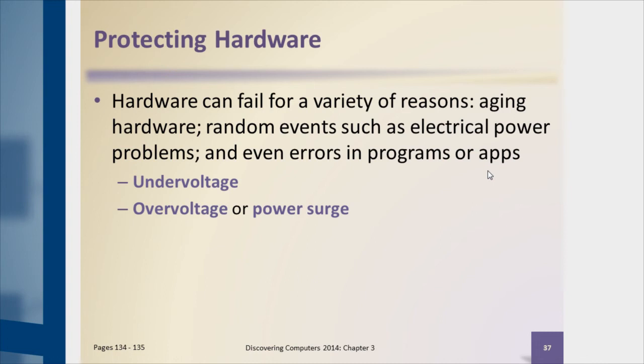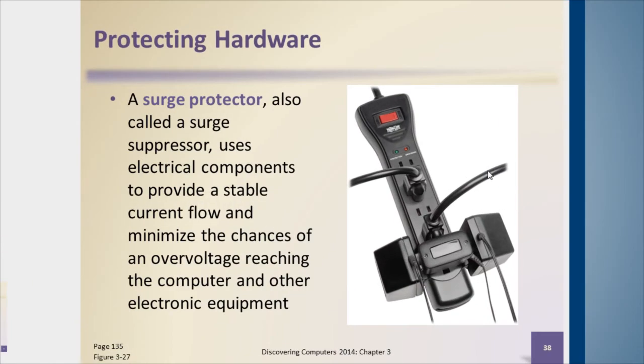On the flip side is the condition of over voltage or a power surge. If we have a lightning strike or something that causes an over voltage situation, we can get a spike that comes in the line, and again cause problems to our computer. There's a couple of different ways to handle each one of these issues. If we have a surge that comes in, one of the things we can do to help protect ourselves is use a surge protector.